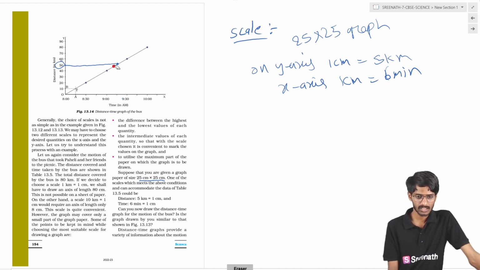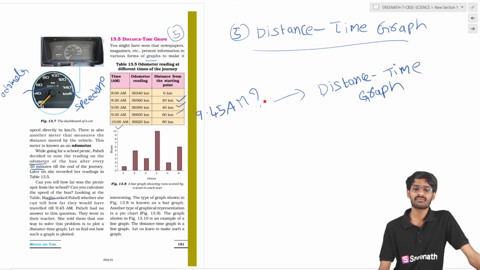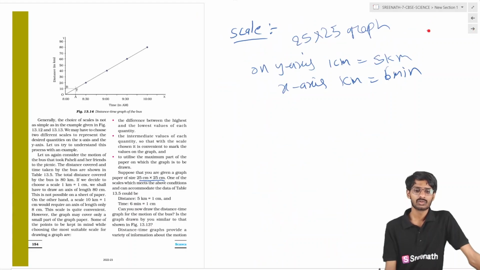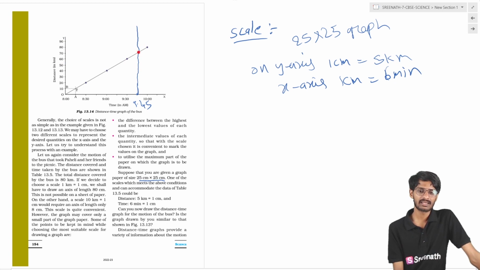Suppose the question is 9:45 a.m. For that, suppose this is 9:30 and this is 9:45 a.m. Okay, students, draw a perpendicular to this line which is parallel to the y-axis, and wherever it cuts the straight line, from that point we have to draw a perpendicular to the y-axis.